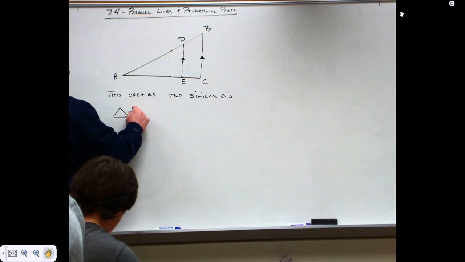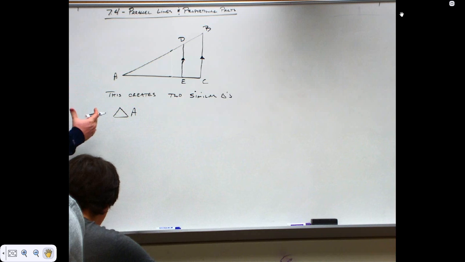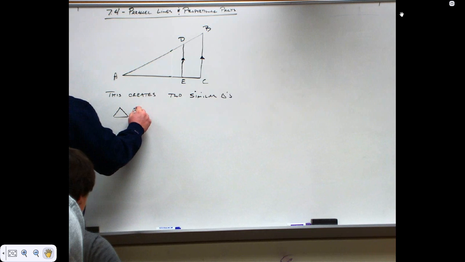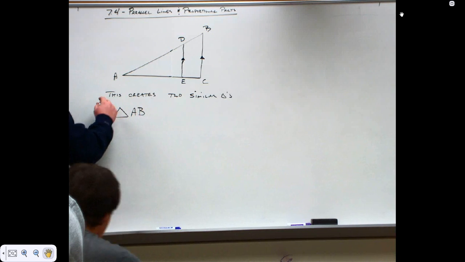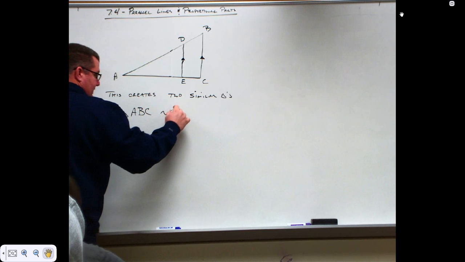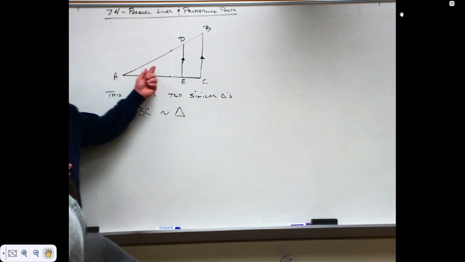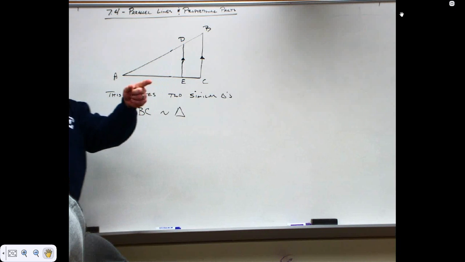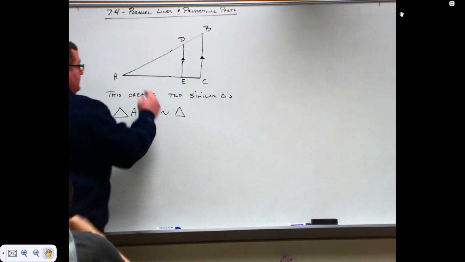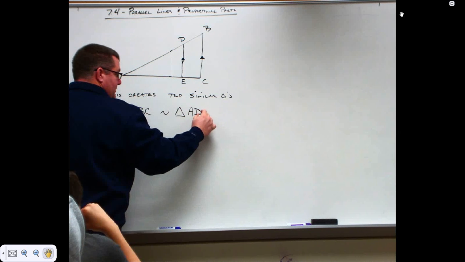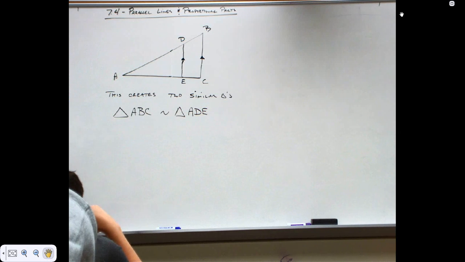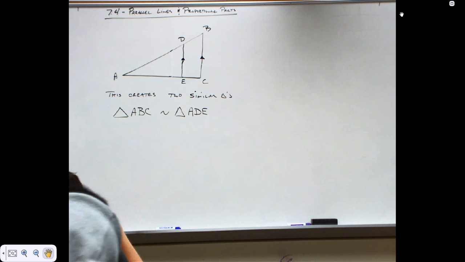Start with the larger of the two, which would be triangle ABC is similar to triangle, well, now I'm talking about the smaller triangle that was created inside the larger, correct? Stop writing. Which is triangle what? ADE. It's important that we understand that, because don't those two triangles look similar?